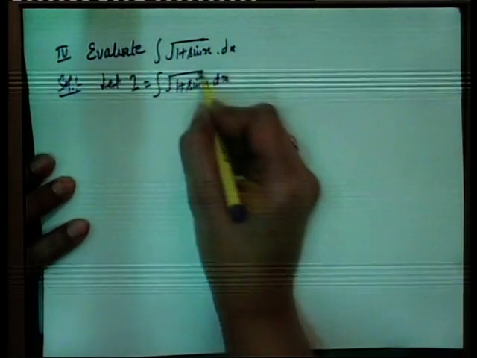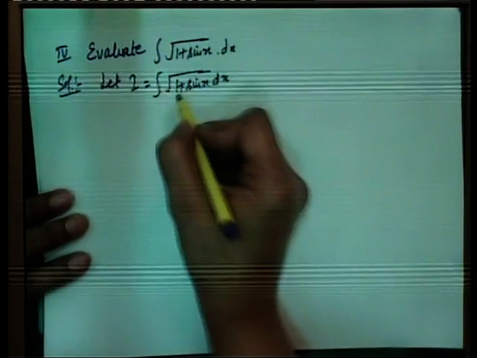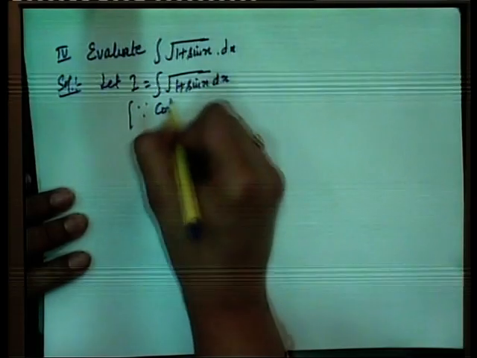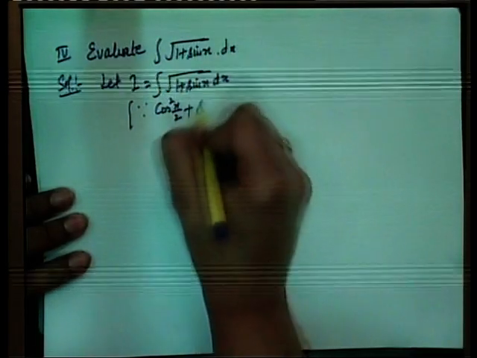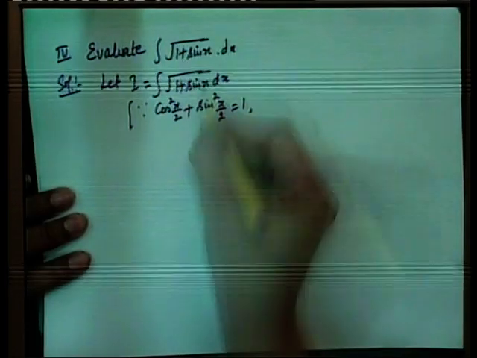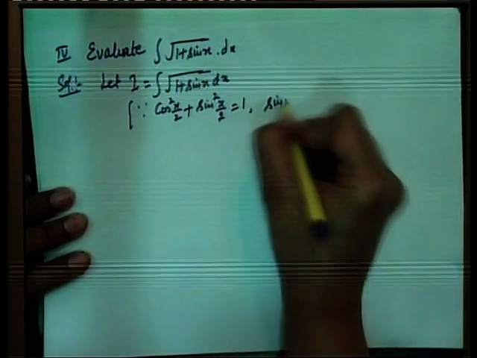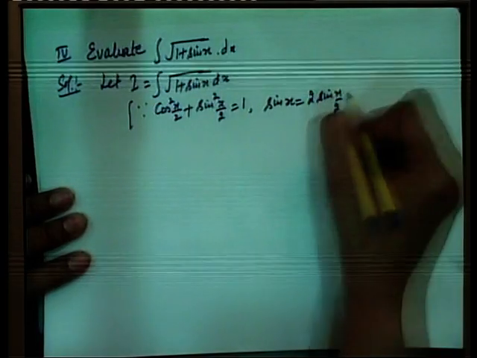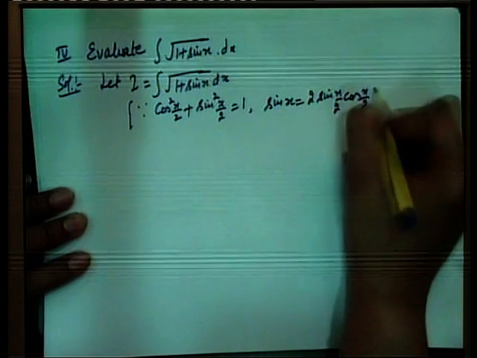Now, in the square root we have 1, and we can write 1 as cos square x by 2 plus sin square x by 2, and for sin x we know the formula is 2 sin x by 2 cos x by 2.